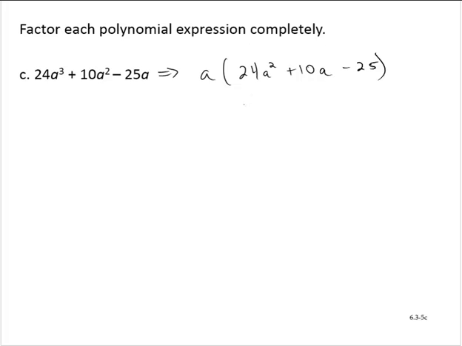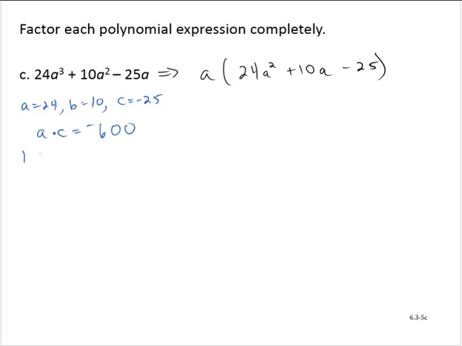All right, so let's see, we have A equal to 24, B equal to 10, and C equal to negative 25. So A times C, 24 times 25 is 600, negative 600. So we've got to find factors of 600 that add to 10. Well, negative 600, all right, so this is going to take a while.